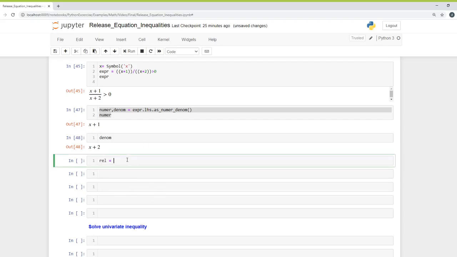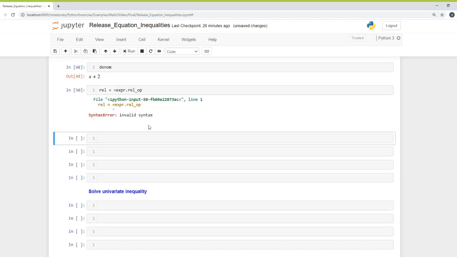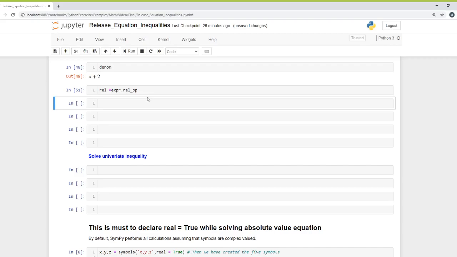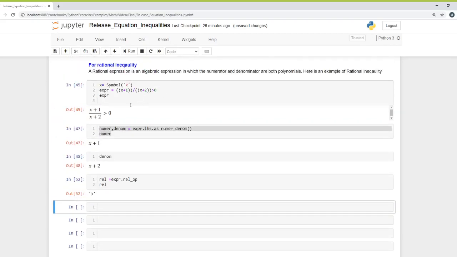REL is equal to EXPR.REL_OP. REL is greater than 0. This is our relational operator.